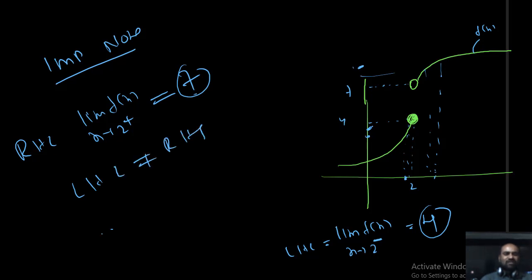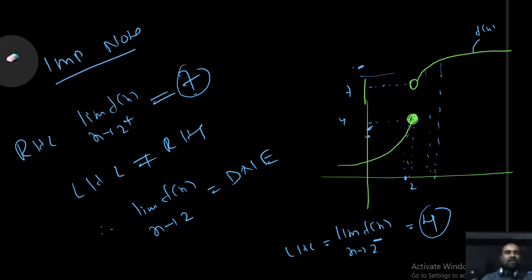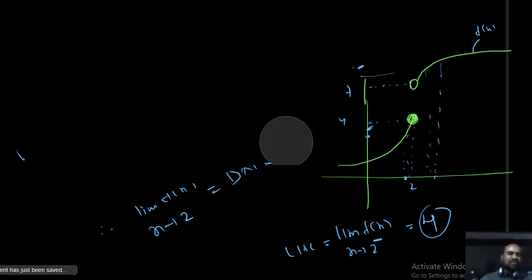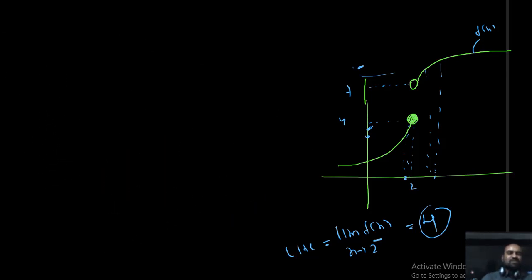What is the meaning of that? Therefore, the limiting value of the function does not exist. So finally, my conclusion is, if we want to find the limit of a function, I want to write it down again, students. The limiting value of f of x equal to question mark where x tends to a.